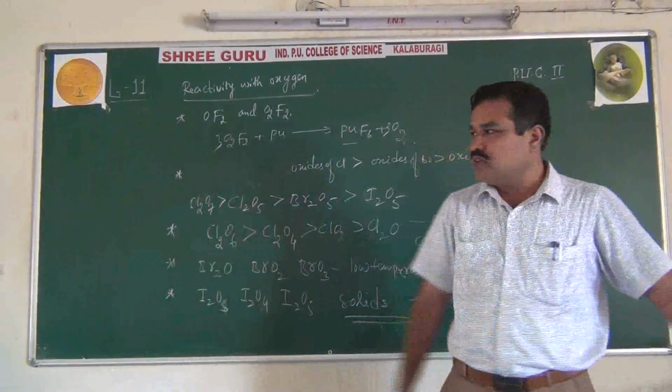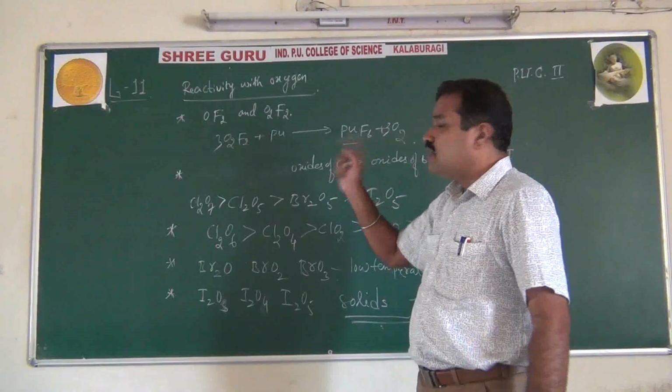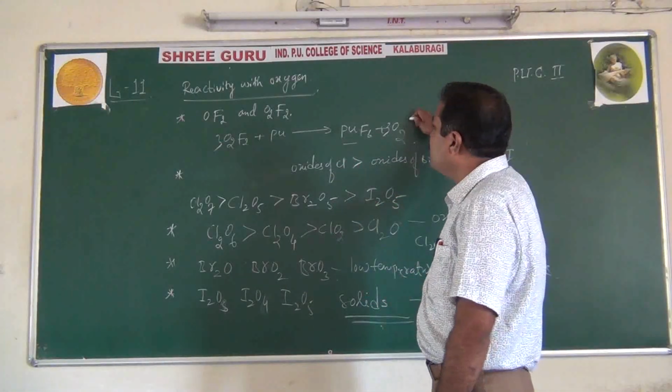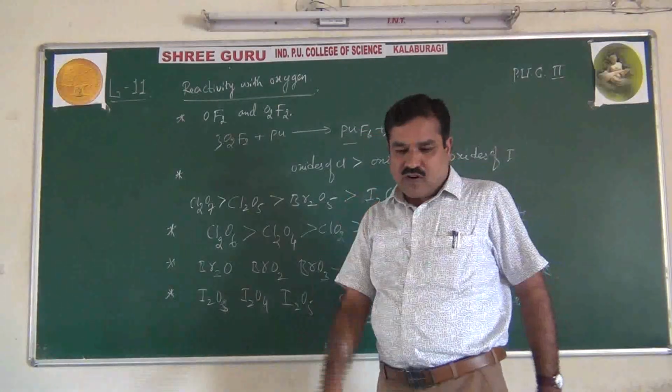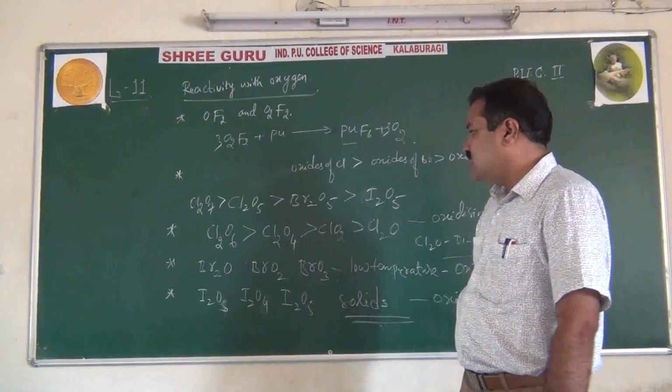Fluorine compounds are highly reactive because of electronegativity, and they are used in enrichment of plutonium from spent nuclear waste and as powerful fluorinating agents, apart from being oxidizing agents.